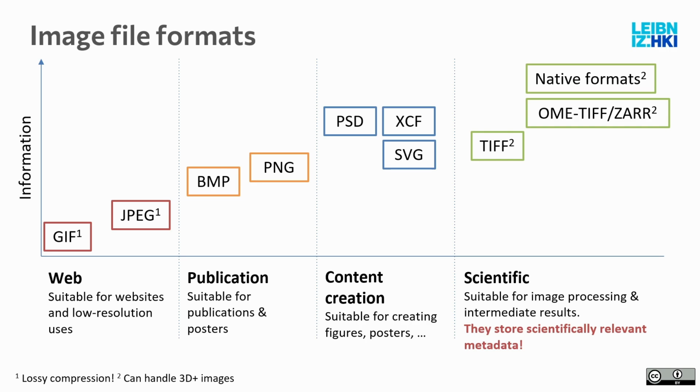And then something else that is important is that these can all handle 3D data or higher dimensional data. Especially Zarr can handle up to infinite dimensions, and TIFF and the native formats. The native formats I don't know, but TIFF definitely can handle 5-dimensional data.